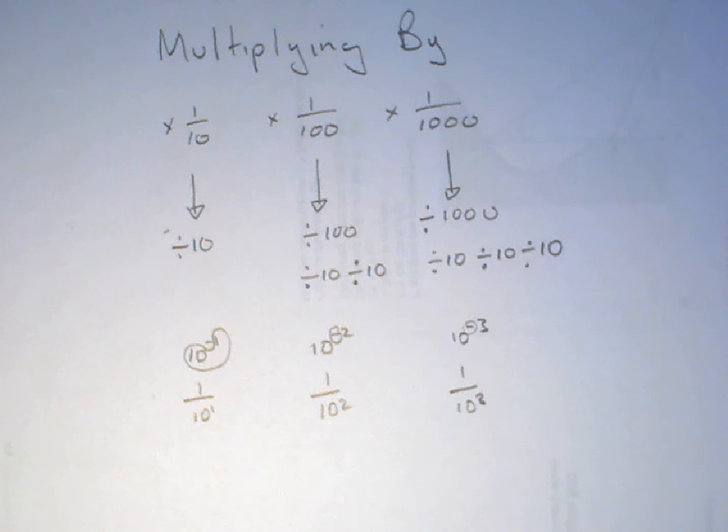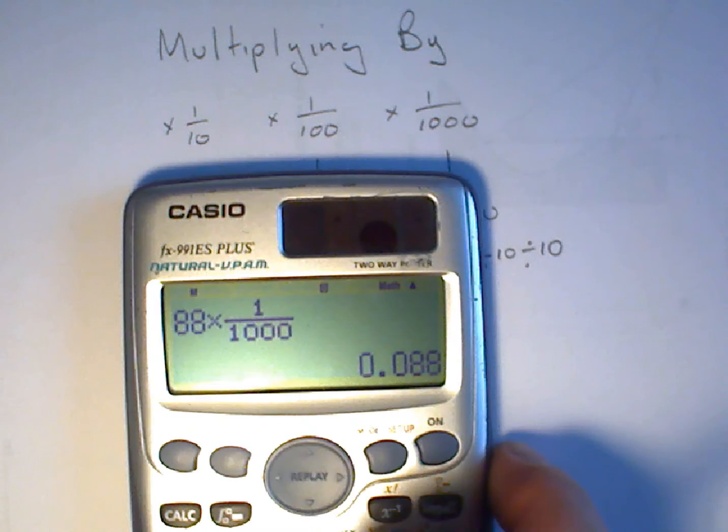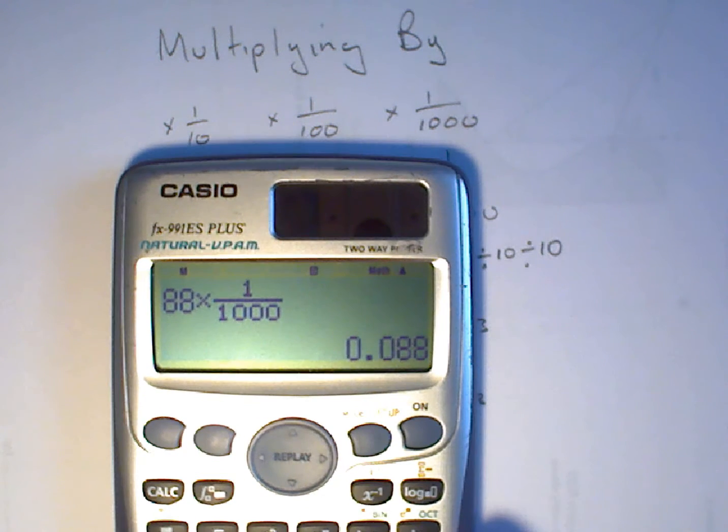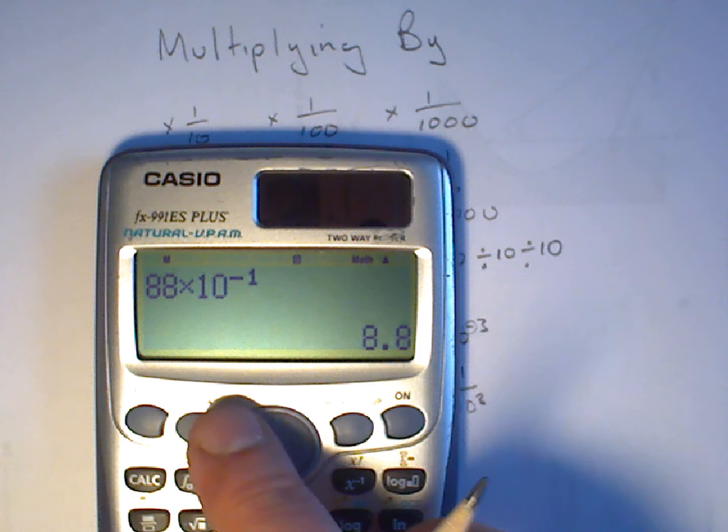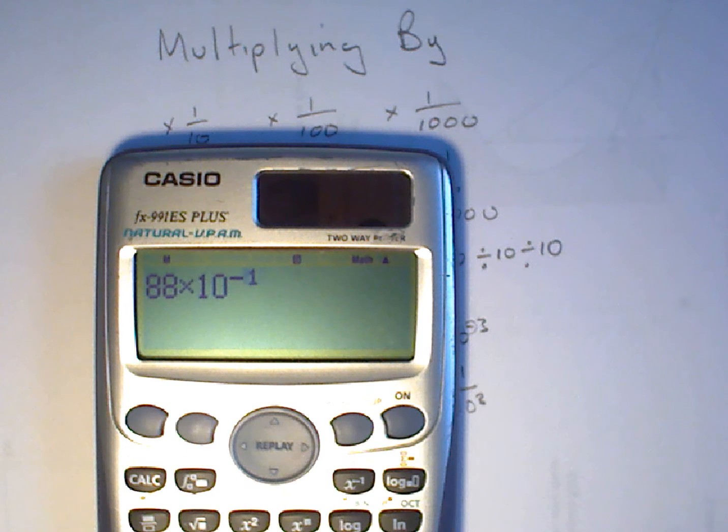So if I go back to my calculator, I can play the same game, but instead I can do 88 times 10 to the power minus 1. And you'll see this is like multiplying by 1 over 10. I've got 8.8, and I can move up here and make that a 2, and I'm effectively dividing by 10 twice.